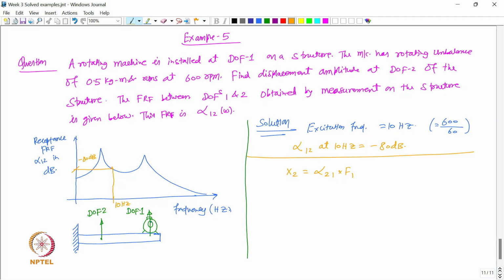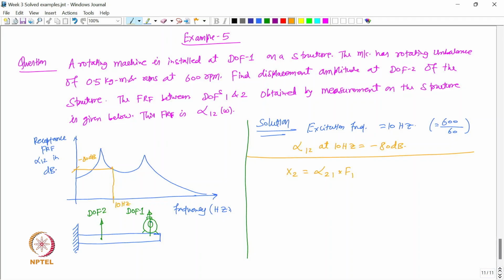So here we require alpha 21, but what has been given is alpha 12. So then what should we do? As we studied in the lectures, for a linear system, for a linear structure, the FRFs alpha 12 and alpha 21 are equal, because of the linearity.